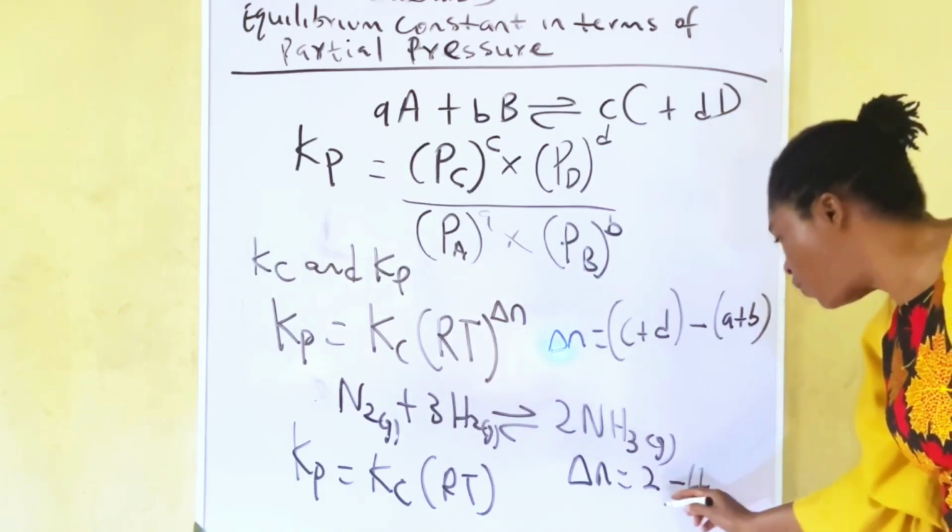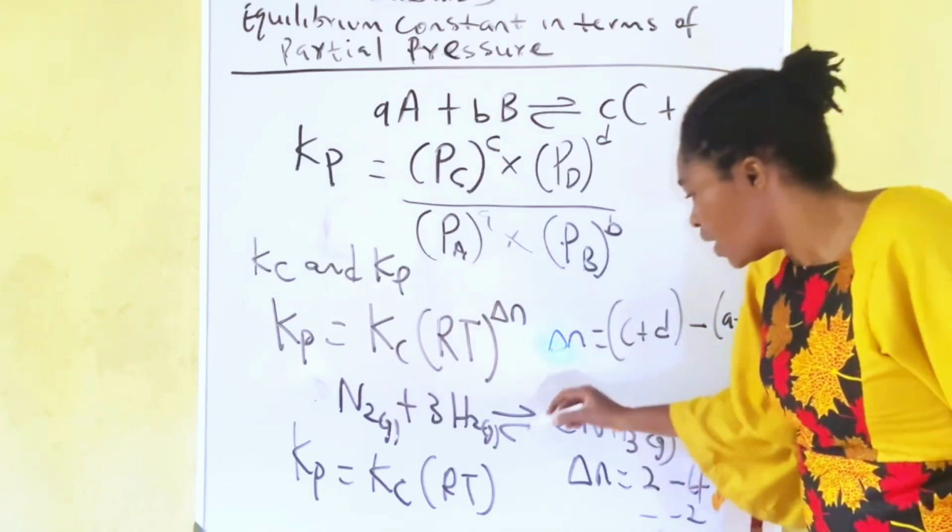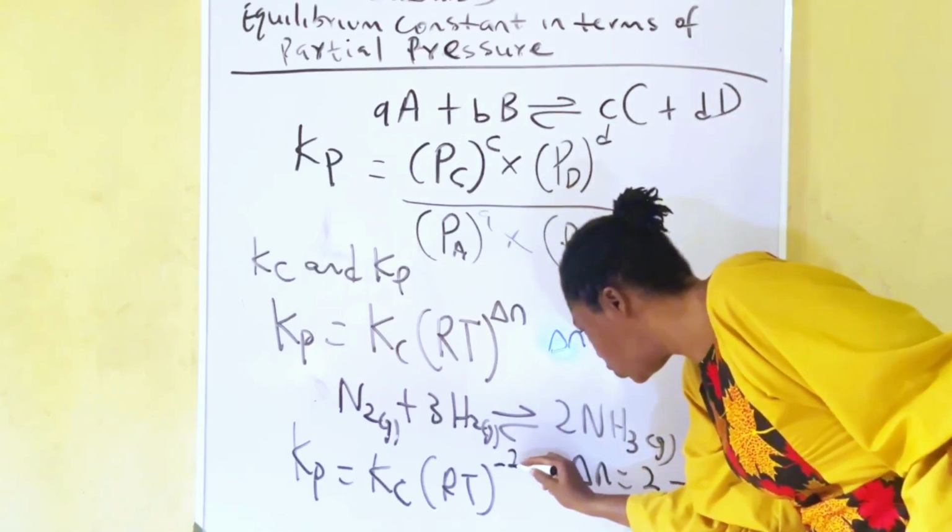So 2 minus 4 is minus 2, so it should be raised to the power minus 2.